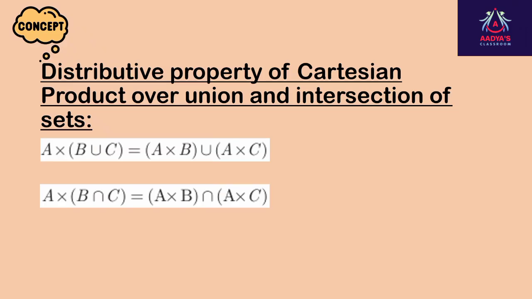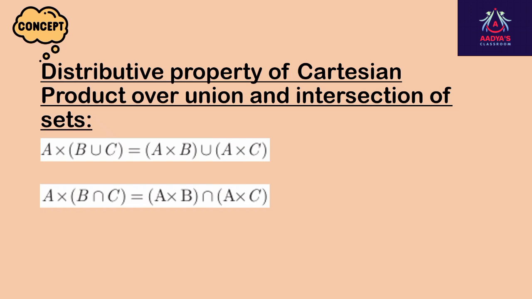Now, the distributive property of Cartesian product over union and intersection of sets. Look at these formulas. A cross (B union C) is equal to (A cross B) union (A cross C). Whatever symbol is in the brackets, we keep it in the center.